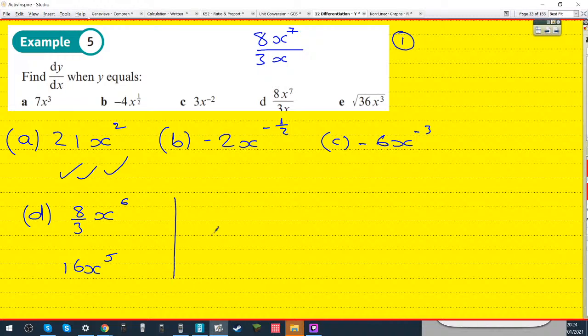Any idea how you do E? So you'd get 6x to the power of 3 over 2. Square root is the same as power of a half. So it'd become 3 over 2, which is 9. So it'd be 9x, and then minus 1.